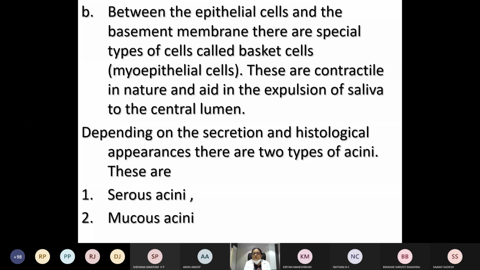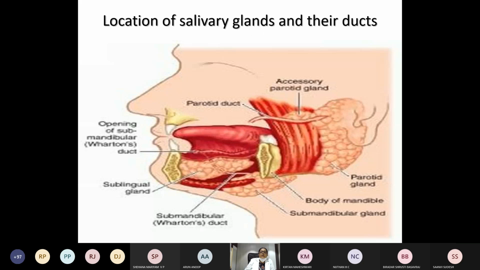Depending on the secretion and histological appearance, there are two types of acini: serous acini and mucous acini. Here is the location of the salivary glands and their ducts.